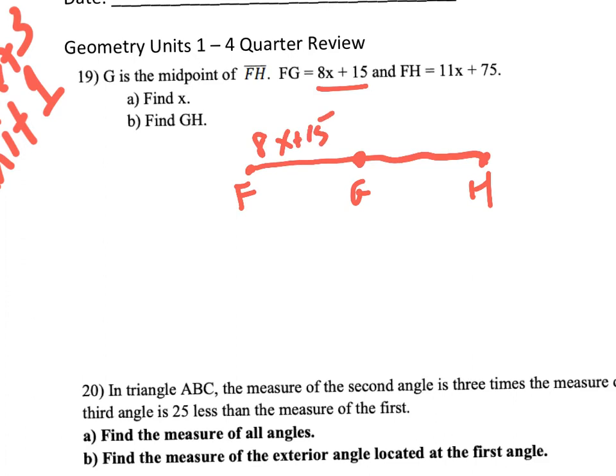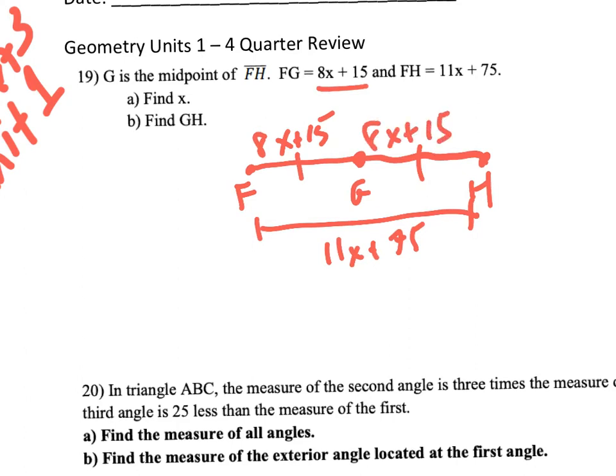And FH, this whole thing, is 11x plus 75. Because G is the midpoint, FG and GH are congruent. So if I know the measure of FG, GH is going to be the same measure, also 8x plus 15.